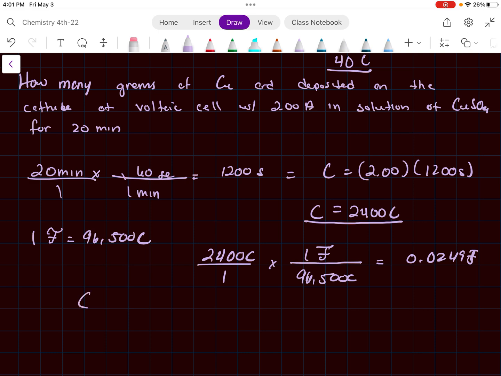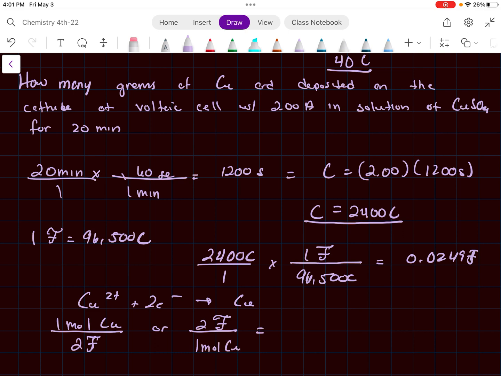From here, it's pretty straightforward. Basically, we know that copper 2 plus is going to gain 2 electrons, reduce with 2 electrons to form copper solid, right? So the mole ratio says that 1 mole of copper is 2 Faraday, or 2 Faraday is 1 mole of copper.